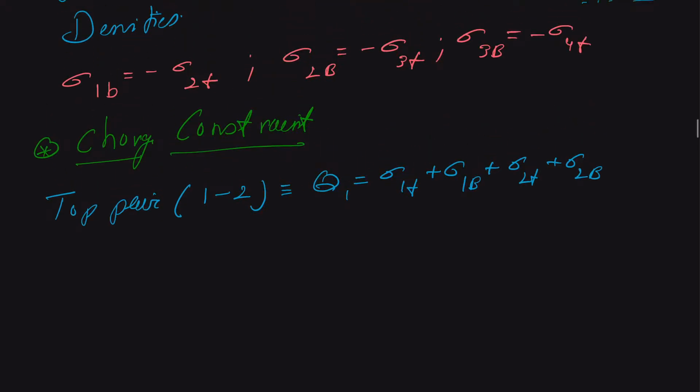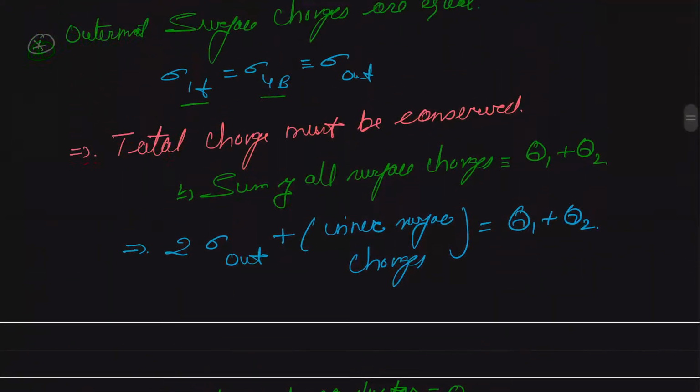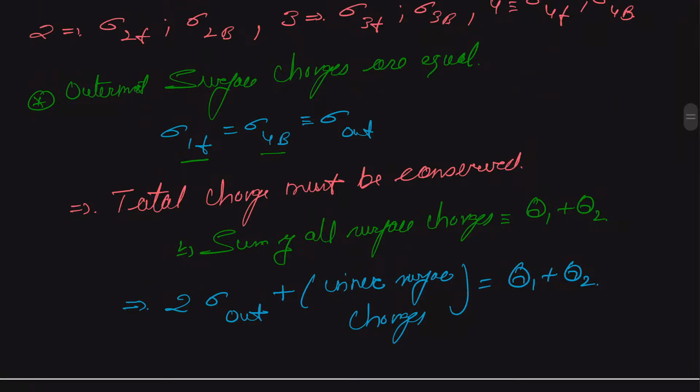But we already know that our sigma 1 bottom is equal to the negative of our sigma 2 top, that is given to us. And we also know that Q1 top and the bottom have the same surface charge density, which we have denoted as sigma outer.